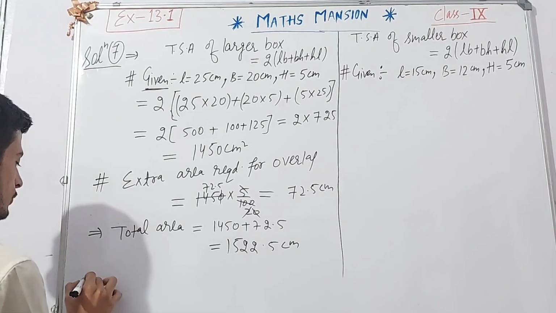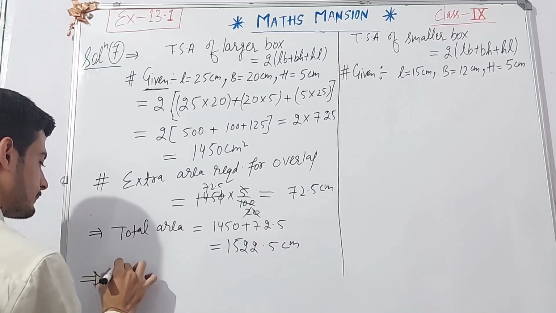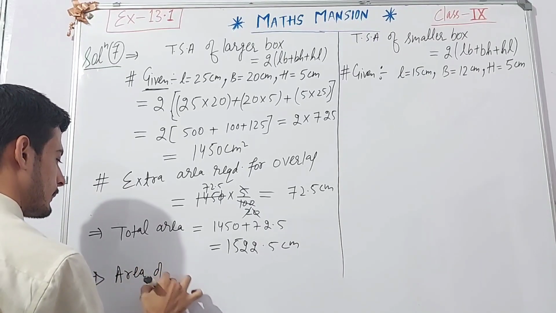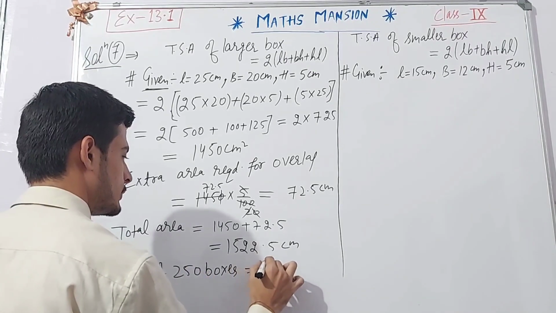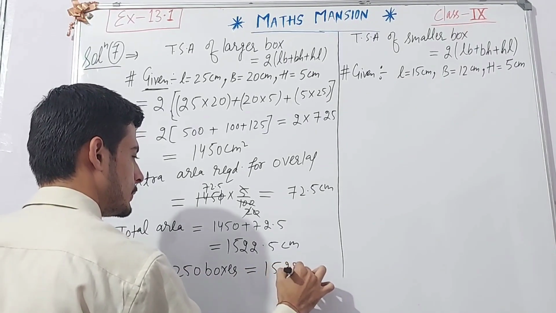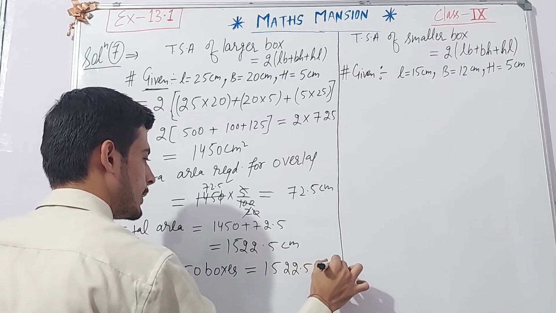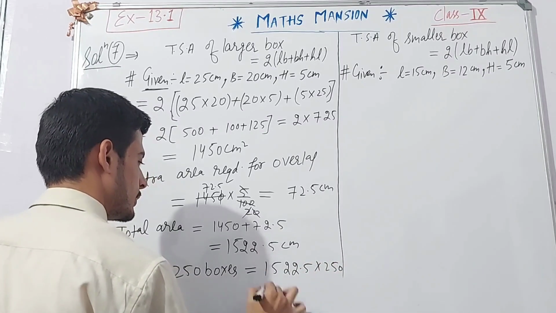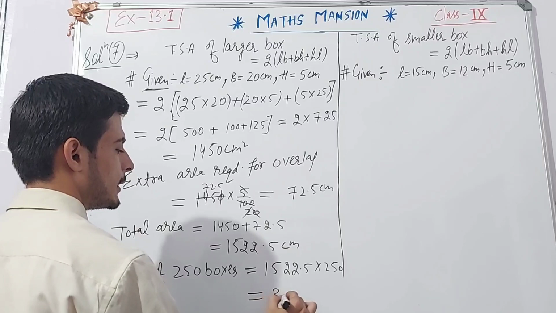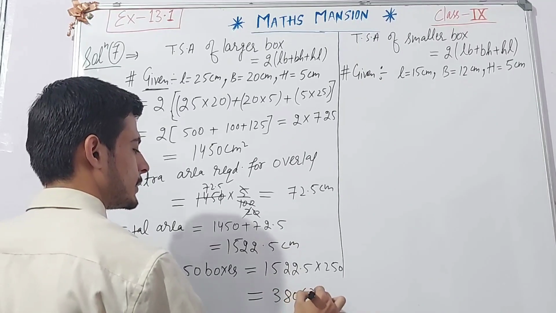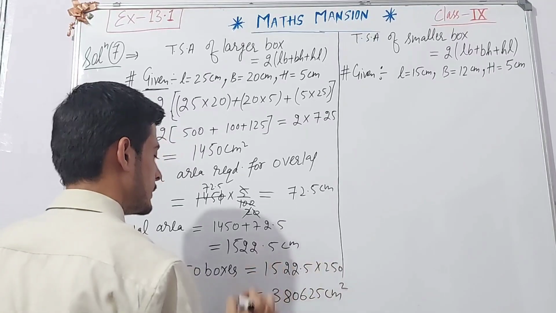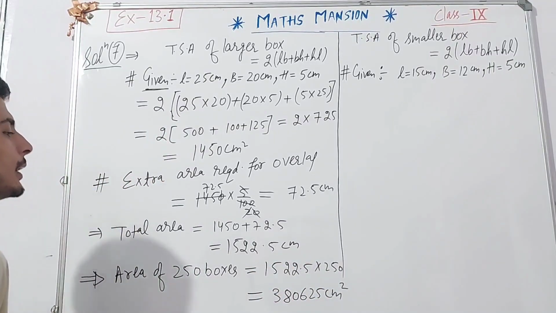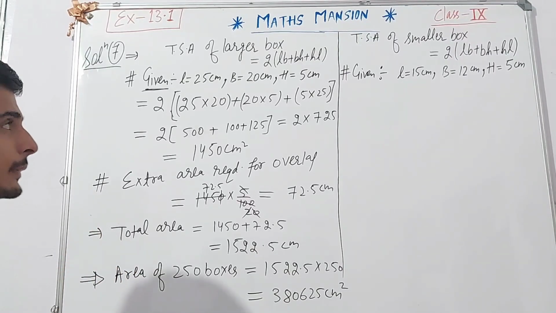So the area of 250 boxes will become 1522.5 multiplied by 250. Here we will get 380,625 centimeter square. So this is the total area of the larger boxes required.